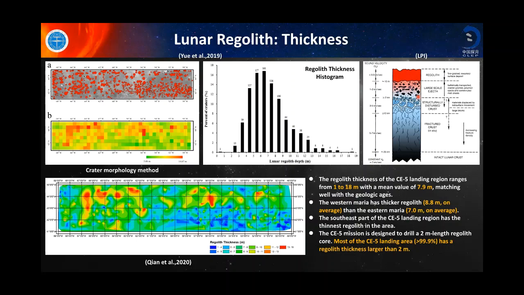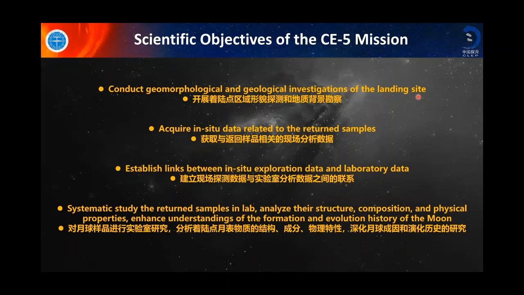Okay, let's move to the science objectives of the Chang'e-5 mission set by the China National Space Administration. There are four scientific objectives. The first one is to conduct in-situ geomorphology and geological investigations of the lunar landing site. And the second one is to acquire in-situ data related to the returned samples.